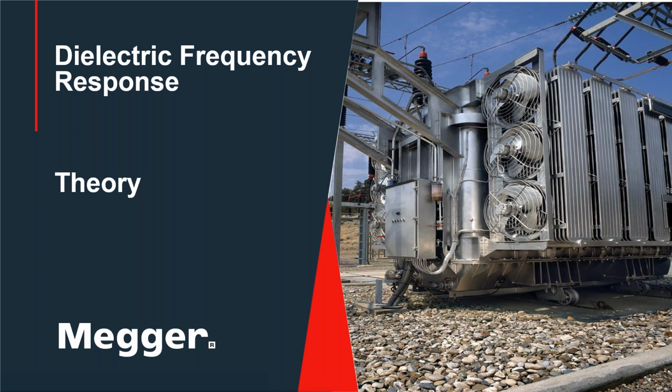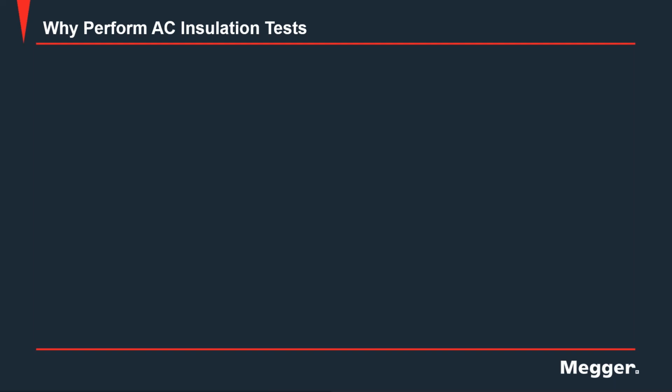That's the reason why we call it narrow band, right? And it's providing you information about the condition of the system. On the other hand, we have dielectric frequency response, which is the full spectrum of the insulation, looking into a frequency band between 1000 hertz and 1 millihertz typically.